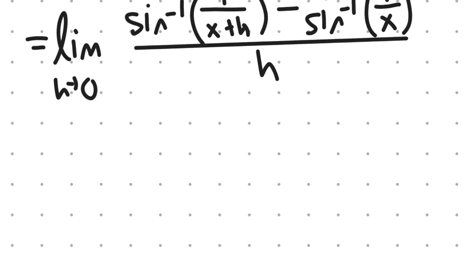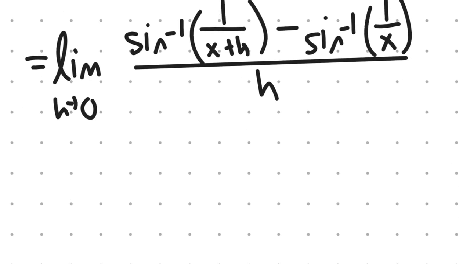So since we have this, we can now substitute something as another function. Now the question is, what are we going to substitute in? Since we know that h approaches 0, we know that inverse sine of 1 over x plus h will also approach inverse sine of 1 over x.